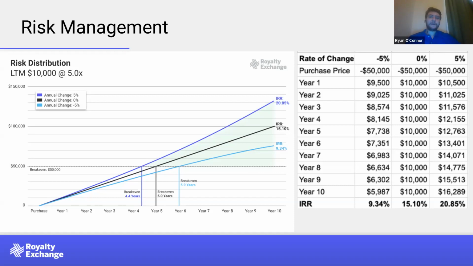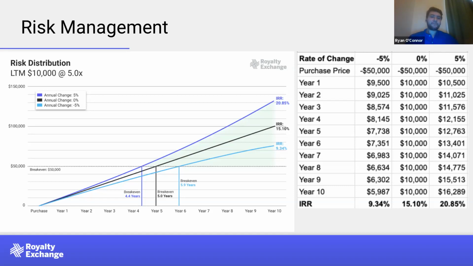So still a great outcome, even with a pretty significant decline over time. And this is for illustrative purposes, to show you that you can actually pay more for these catalogs, and you can tend to put orders in that might be above 4 times or 5 times even, and still have a great outcome. And we'll see this in a couple future slides shortly.